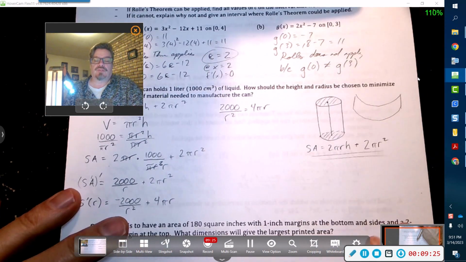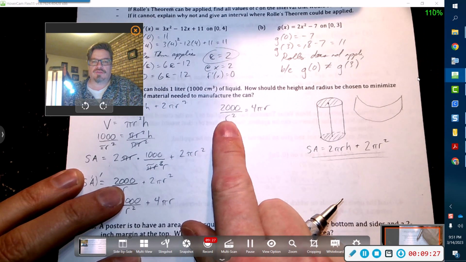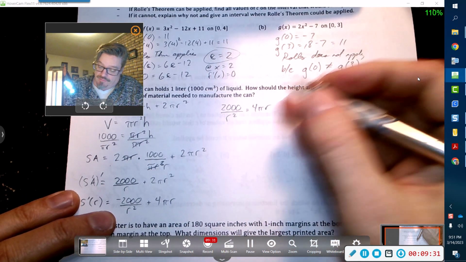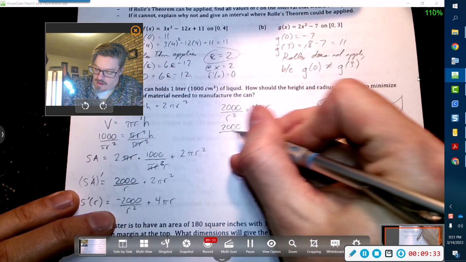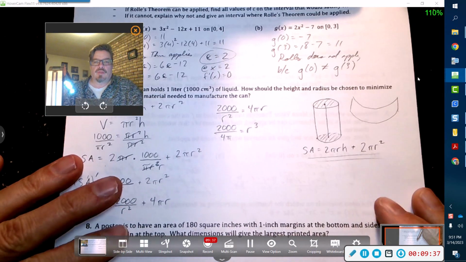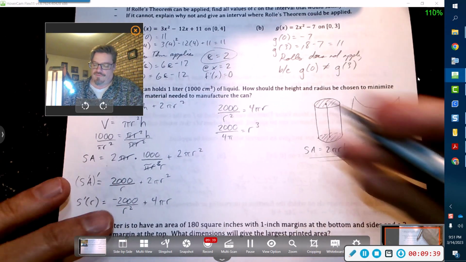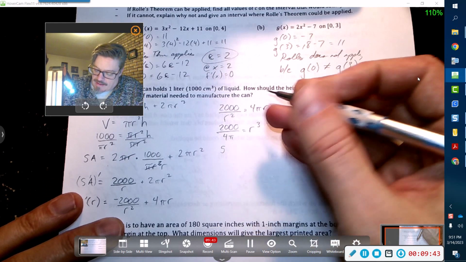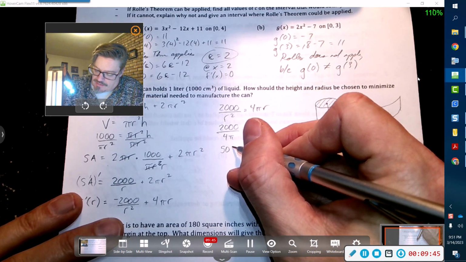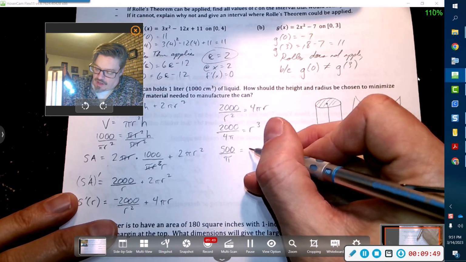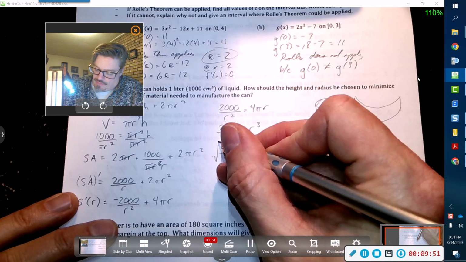Now I'm going to put this r squared over there, and then the 4 pi will go down below. So r cubed. All right, 4 will go into 2,000 500 times, so 500 over pi equals r cubed, and I'm going to take the cube root.